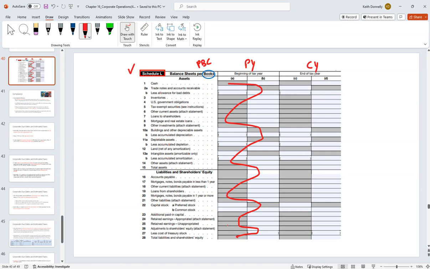But one of the main things that's extremely important if you're doing any business tax return, a partnership, an S Corp, a C Corp, is if you give your return to your senior or something like that, the first thing they're checking is if the balance sheet balances, right?